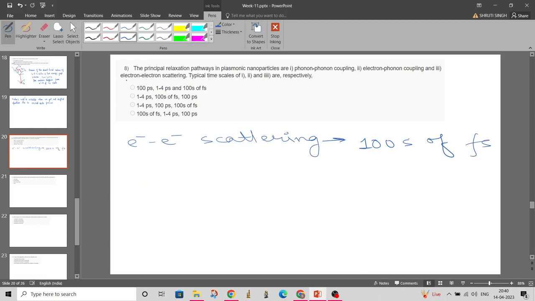And electron-phonon coupling happens between 1 to 4 picoseconds.